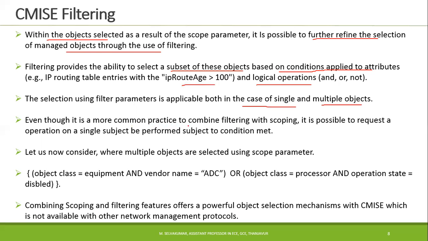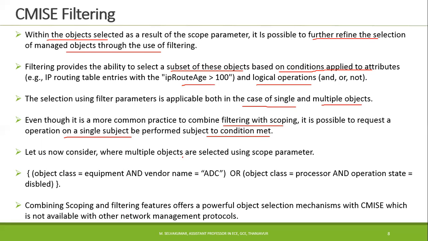Even though it is common practice to combine filtering with the scoping, it is possible to request an operation on a single object, subject to the condition being met. Subject to the condition meeting the criteria, then the objects are received.